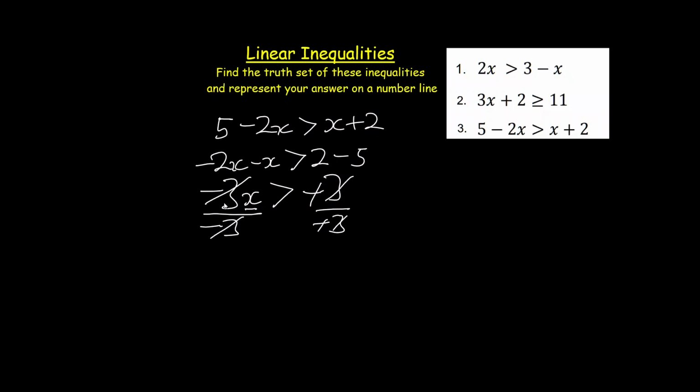But bear in mind, whenever you're dividing both sides by a negative, the sign is going to change. Here we had greater than. Because we are dividing by a negative, the sign is going to change to become less than. In the second question, I divided by a positive number, that's why the sign didn't change. But here, because I have a negative, this greater than is going to change to become less than.